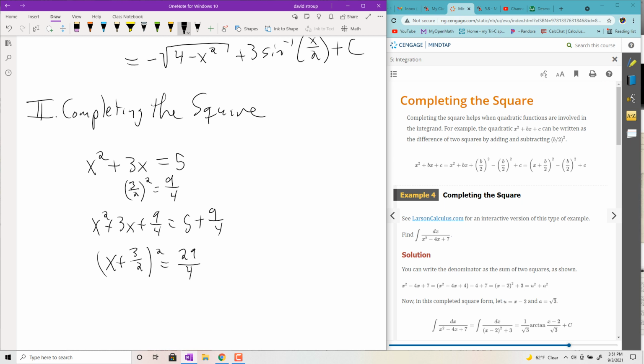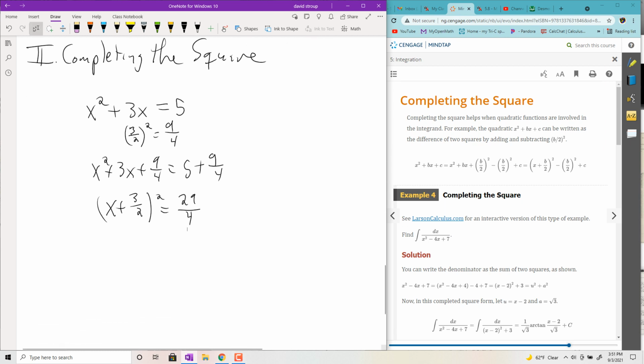You really had to have a leading coefficient of 1 in order to pull this off. So if you had something like 4x squared plus 8x equals 5, in order to complete the square this time, you'd have to factor out the 4. So you'd have x squared plus 2x, and then you're going to add something in here.